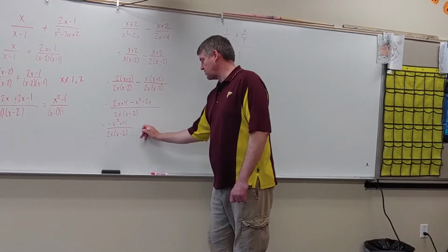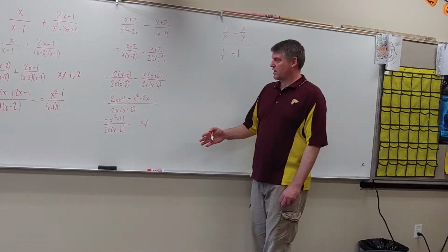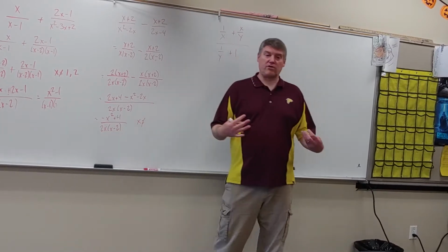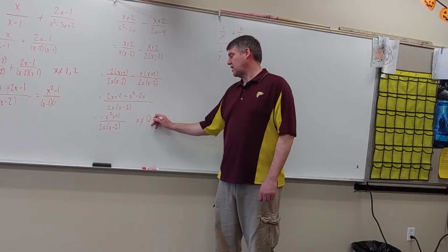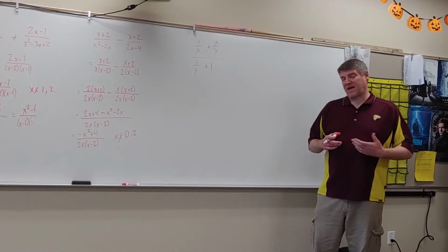Okay? I want to make sure I talk about my domain restrictions again. So I want to have the values that are going to make my denominator 0. What value makes x 0? Well, it's 0. What makes this 0? It's positive 2. So there are my domain restrictions. Now, the top actually factors.